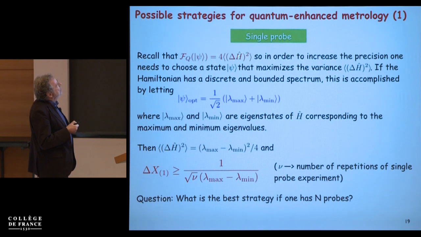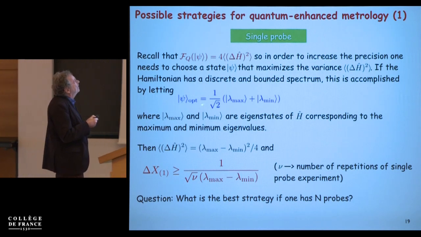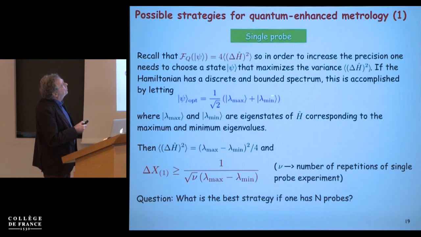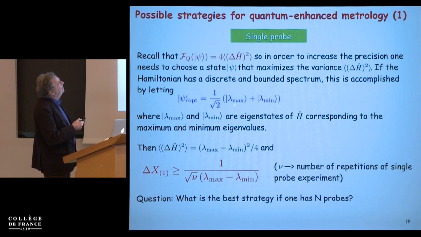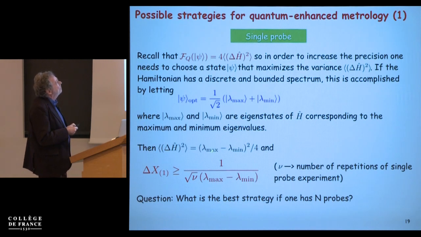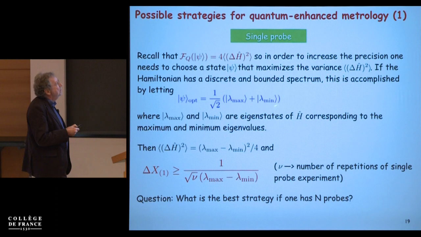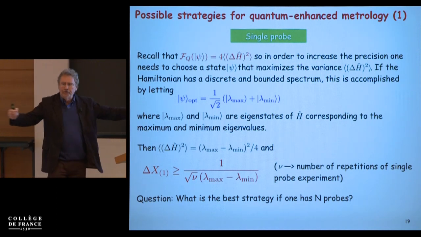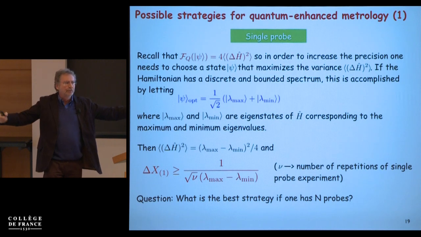So if the spectrum of H, I call it Hamiltonian, but not necessarily Hamiltonian, is discrete and bounded, we can maximize this variance by using an optimal state, which is a superposition of the eigenstate corresponding to the maximum eigenvalue of H and the eigenstate corresponding to the minimal eigenvalue of H. That means that the dispersion is as large as possible.